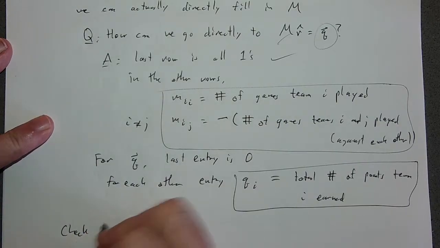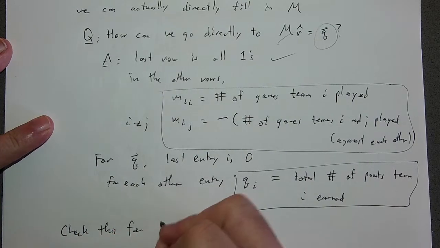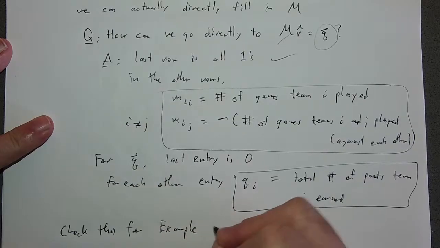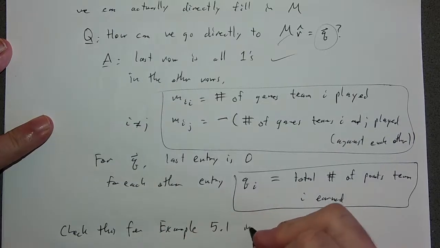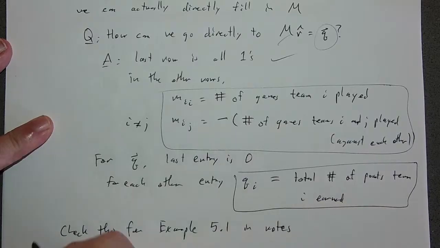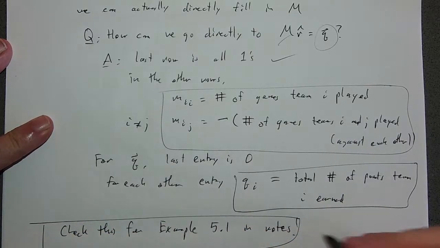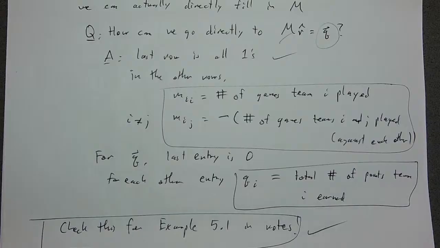So check example 5.1 in the notes. If you check to see how the shortcut is used, you can see how it can be used. And then the corresponding homework problem that is similar to this, instead of having 5 teams, you have 8 teams. So it's just a slightly bigger matrix, and you can apply that exact same thing.